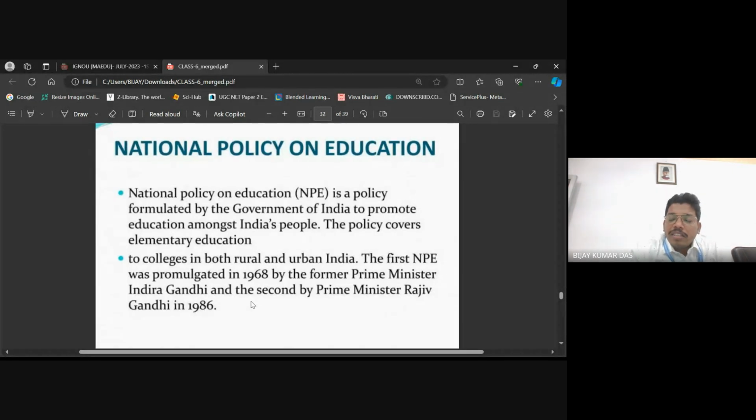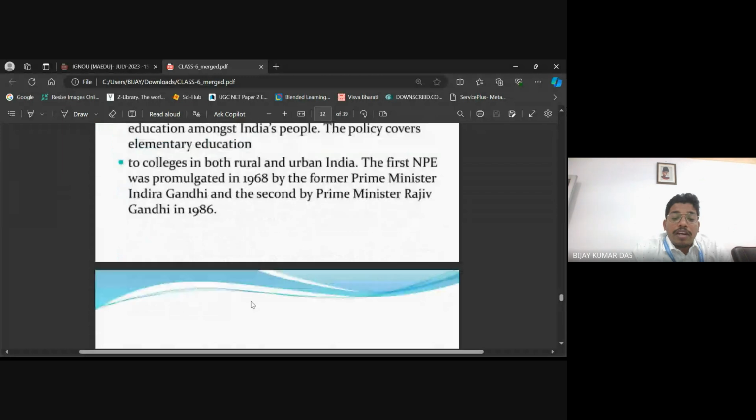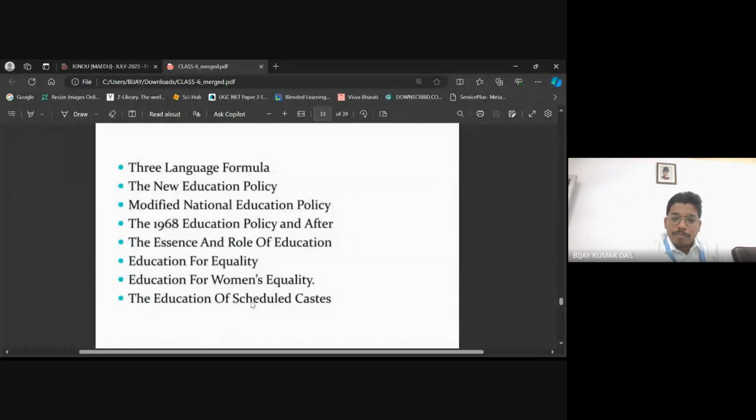The first National Policy on Education was promulgated in 1968 by the former Prime Minister Indira Gandhi, and the second by Prime Minister Rajiv Gandhi in 1986. It is full-fledged, a complete national policy on education covering all directions, certifying the goals and targets in different recommendation forms.